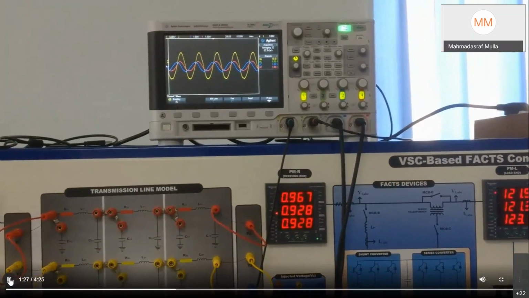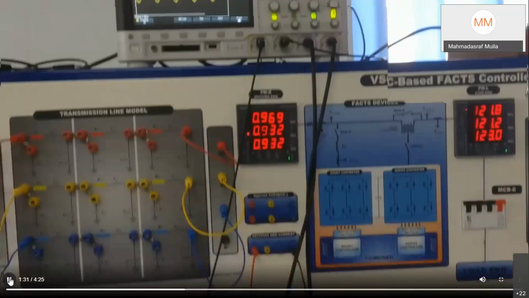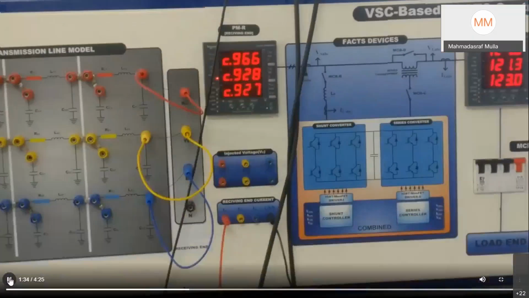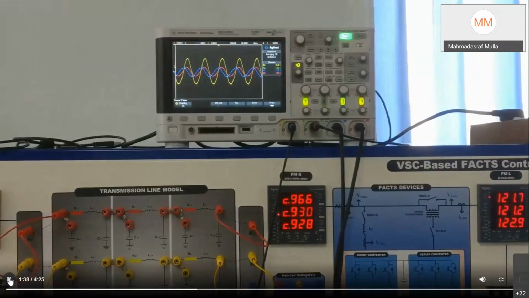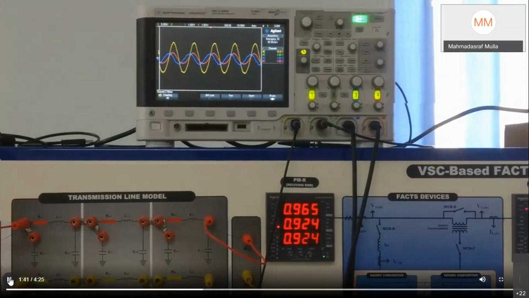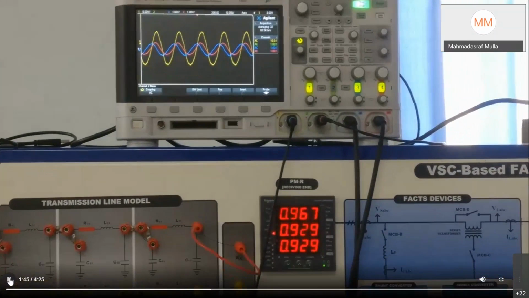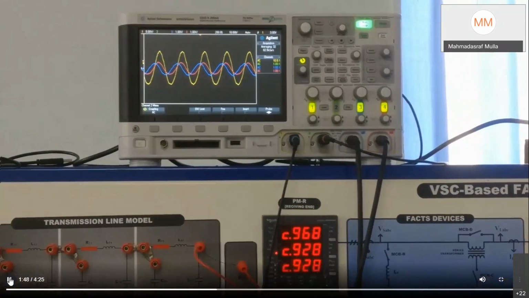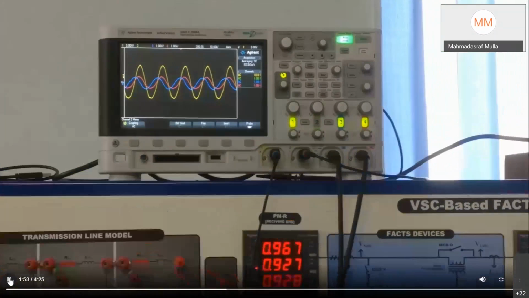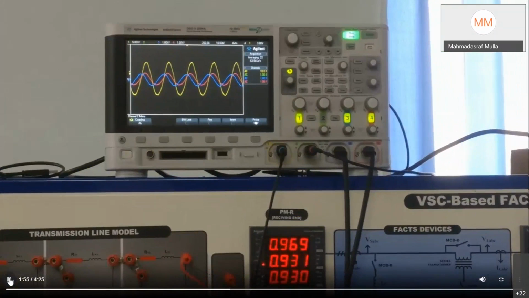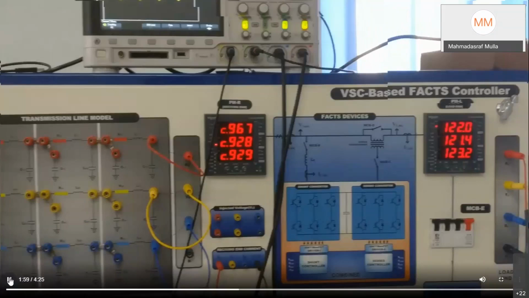Also the voltage is coming from DAC, and the receiving end current we have terminated over here. Right now you can see my STATCOM is taking leading current with respect to my voltage, and by that action we are getting the receiving end current in phase with my voltage. And you can see the power factor of my receiving end is also improved.